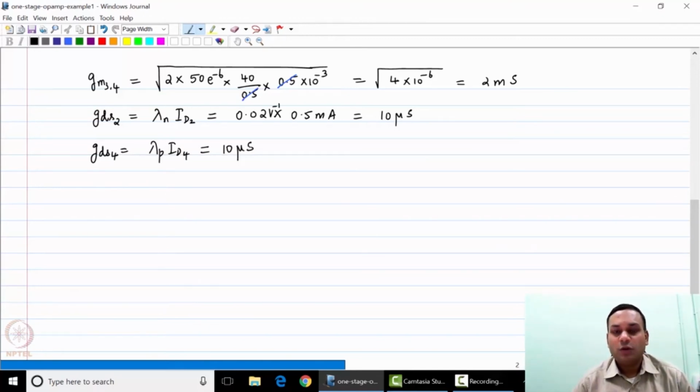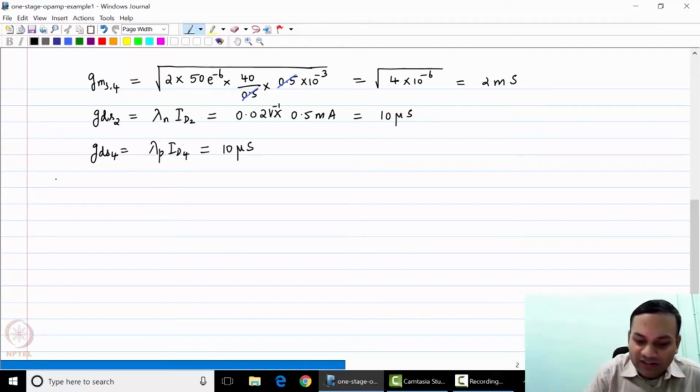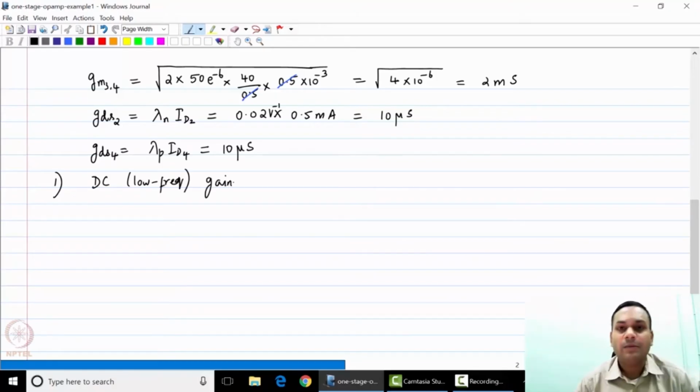Now we are in a position to start writing down the expressions for the various datasheet components of the op-amp. So the first component that we'll write down is the DC, also called the low frequency gain of the op-amp.